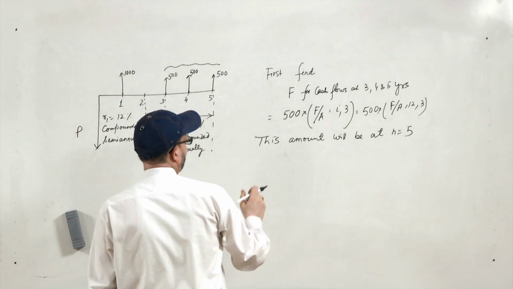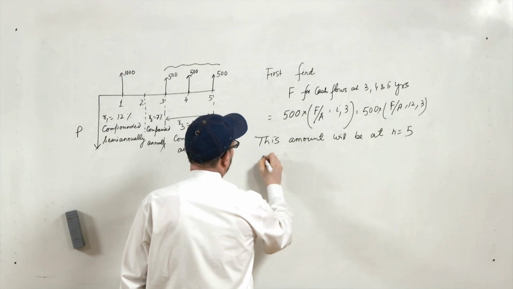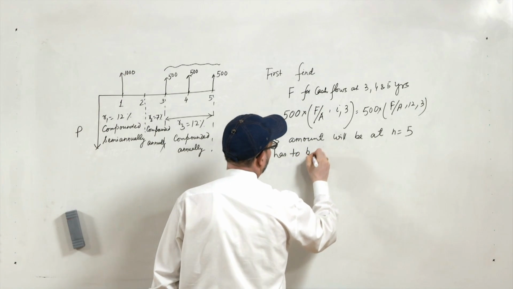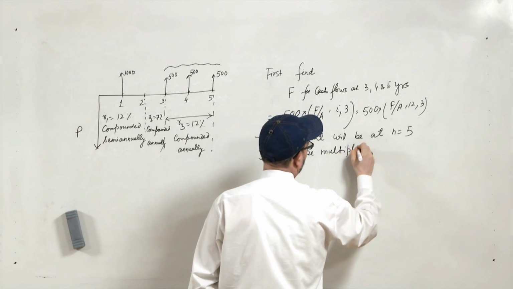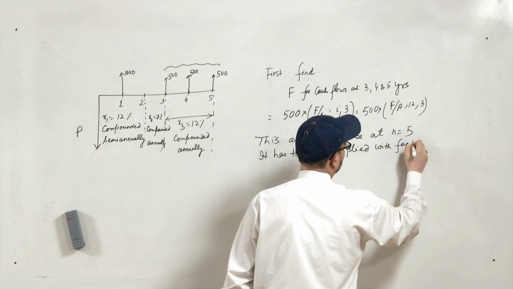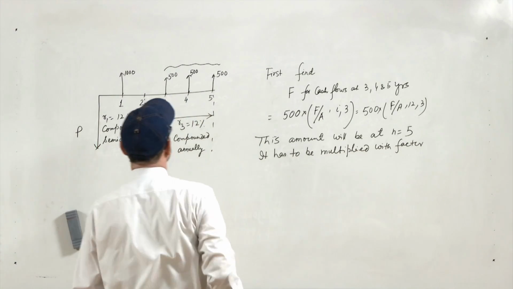So, it has to be multiplied with a factor, because there are 2 interest periods.